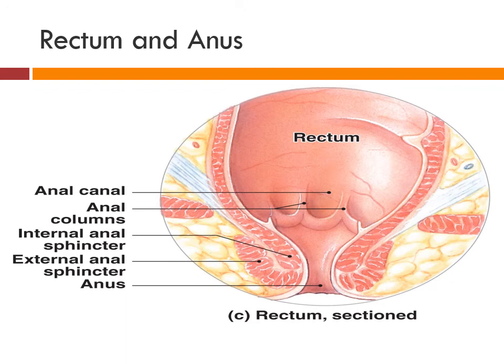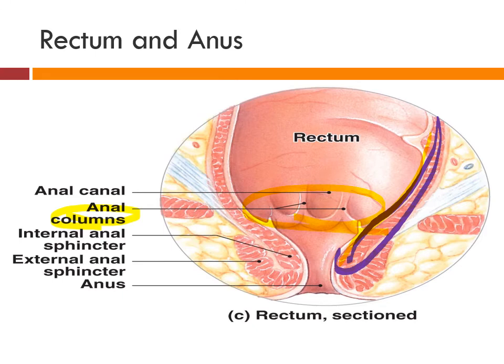At the end of the digestive system, we have the rectum and the anus. The rectum is really housing the materials prior to defecation. We have what are called anal columns, which you can see here. And then the internal anal sphincter is all of this tissue, and that is smooth muscle that is involuntary.